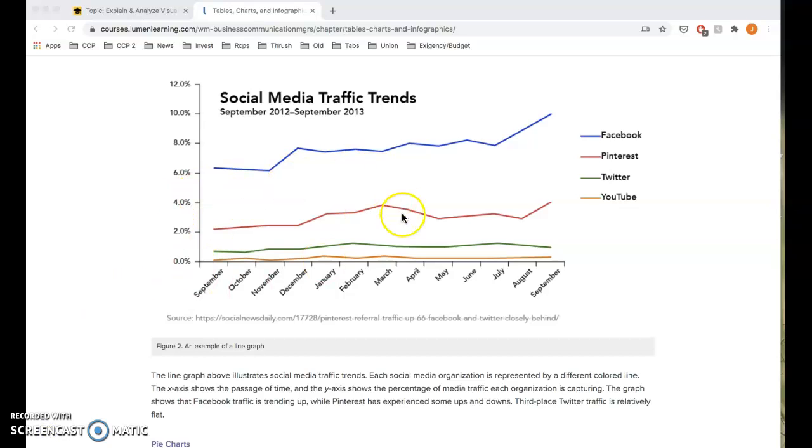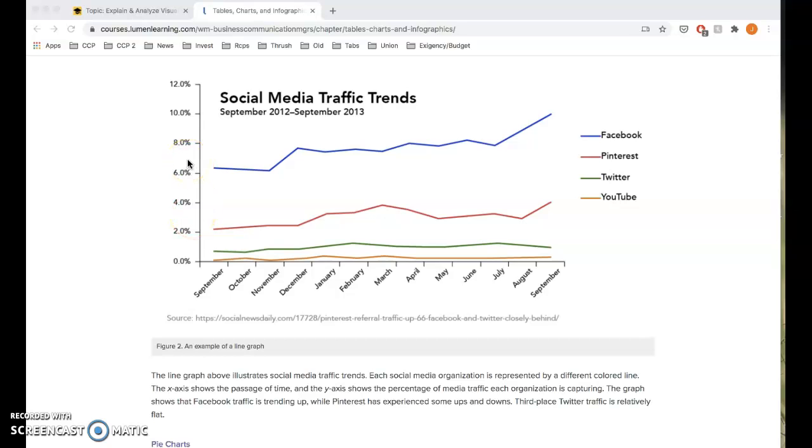The one other thing I want to say about this is the y-axis is in percent. It basically is showing me that in 2012 and 2013, Facebook was at 10% of the total traffic for social media. At least that's how I read it, but there's not a clear explanation of what this percent is.